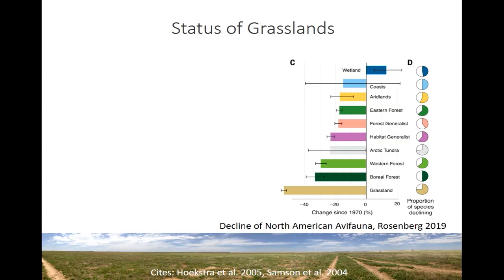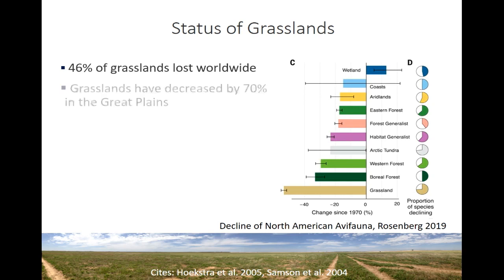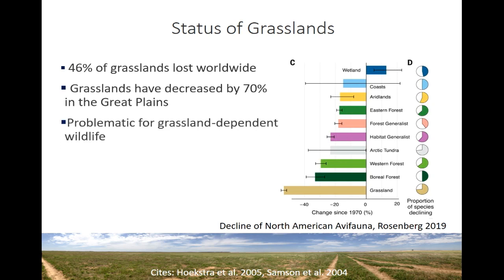So it's a very powerful tool that we can use, considering that 46% of grasslands have been lost worldwide, and within the Great Plains, it's estimated that 70% of grasslands have been lost. And I mean, this is pretty obvious, but this is going to be problematic for grassland-dependent wildlife, right? This is a major constraint on how much grassland's available.